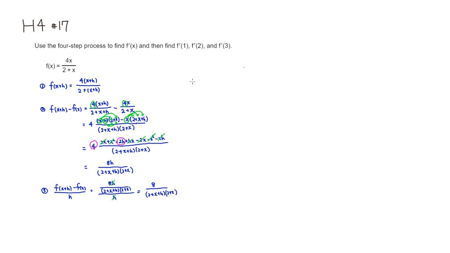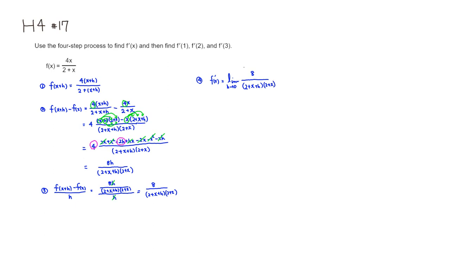The last step, step 4, if you want to find the f prime of x, is we just have to take the limit of the difference quotient as h approaches 0. The difference quotient we found was 8 over 2 plus x plus h times 2 plus x.